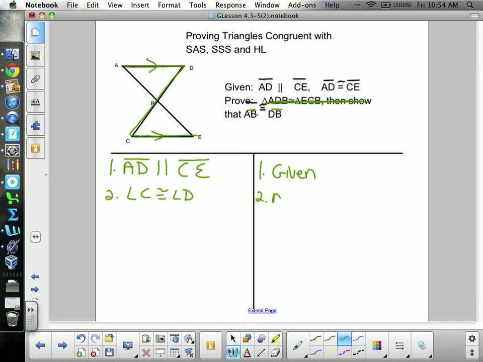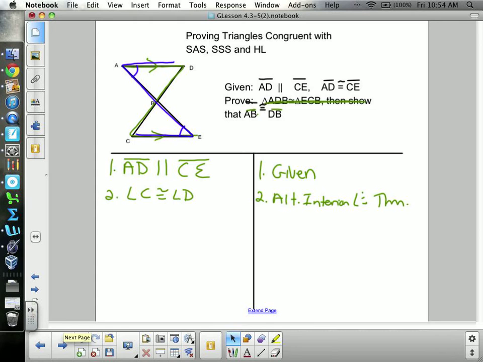Alternate interior angles theorem. Okay. Now, this one's kind of an interesting one because we have a lot of choices. There are actually many ways we can go. I actually have with these parallel lines a second Z, don't I?